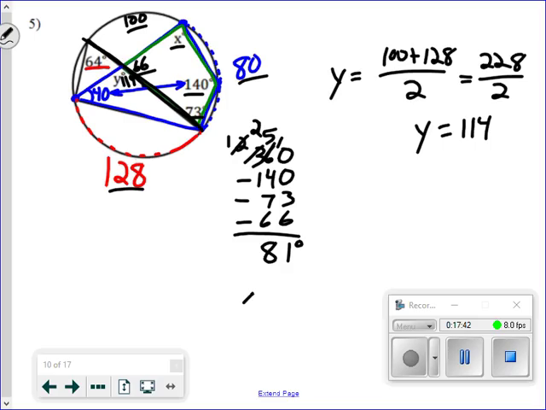And end up with x equaling 81 degrees. Okay, that one's really hard. That was a challenge problem. For those of you that don't like challenges, I greatly apologize.